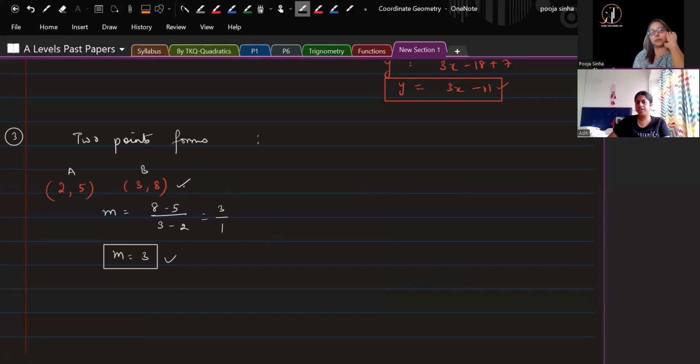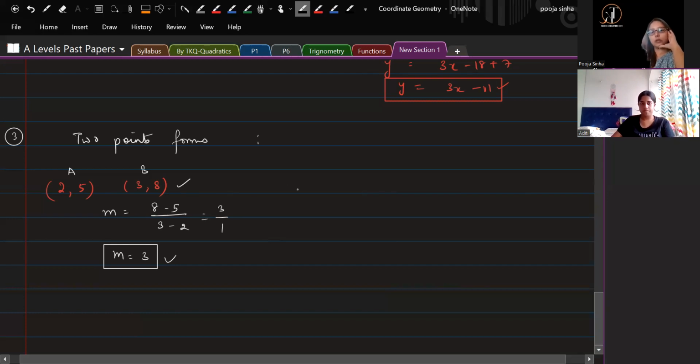We can also recheck this with the point with 5. So this part is understood. Or you use the formula y minus y1 upon y2 minus y1.